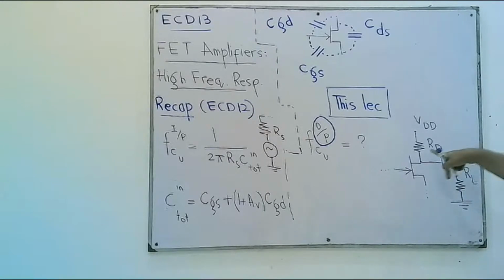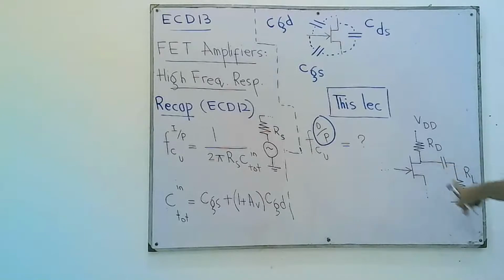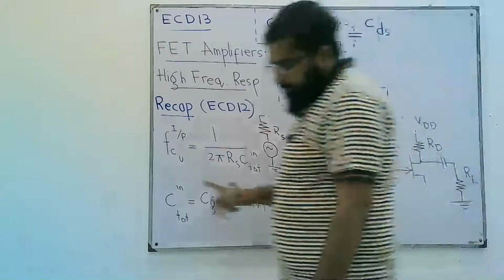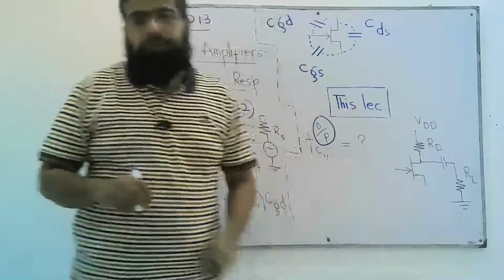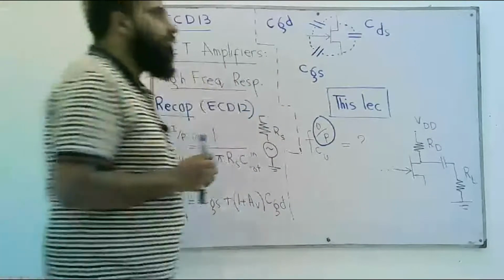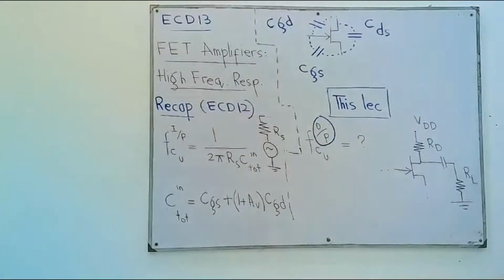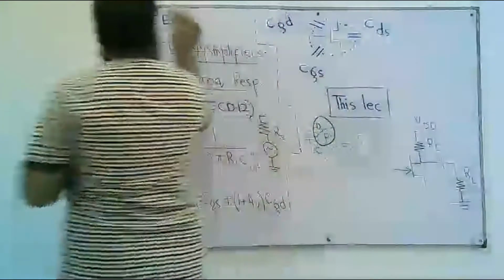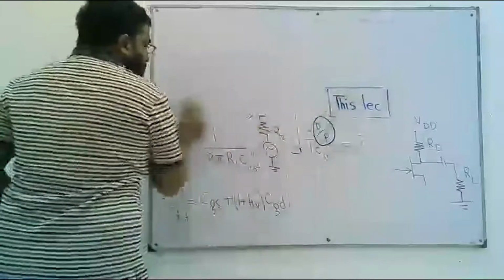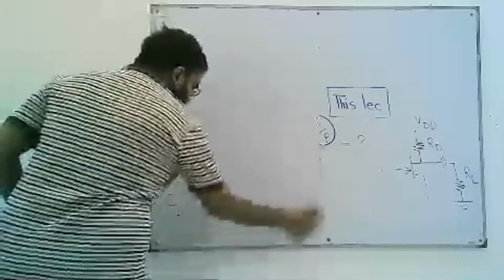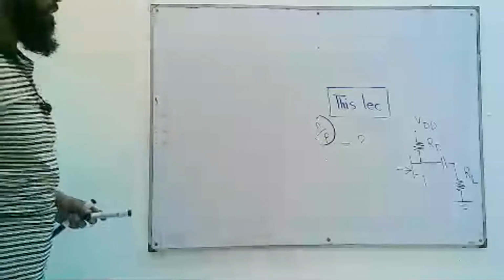Right. So this is the output circuit that we see at the output, and we know that this FET amplifier is a voltage controlled amplifier. Therefore, the equivalent circuit can be drawn like this.